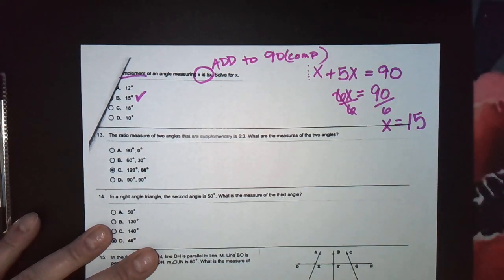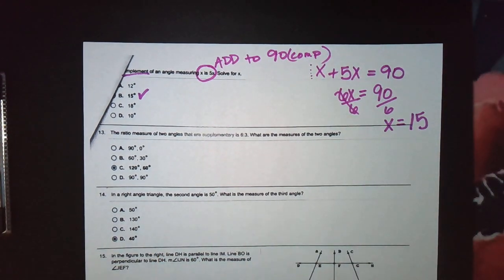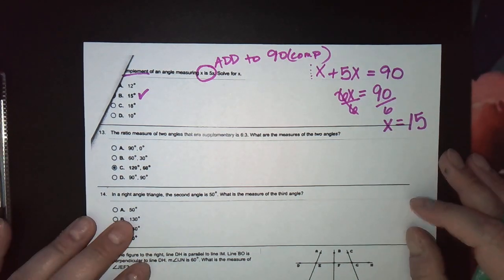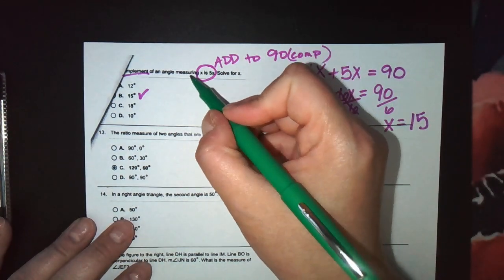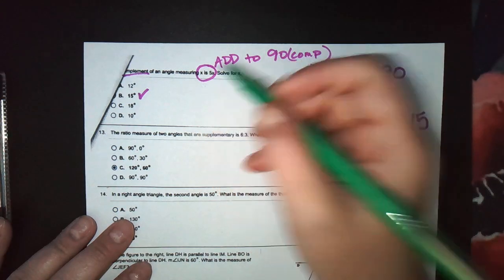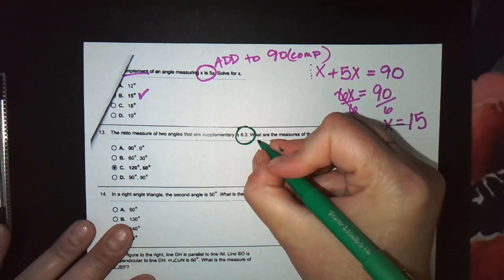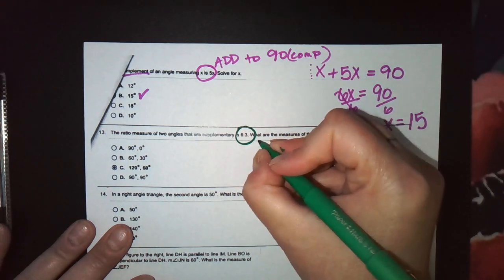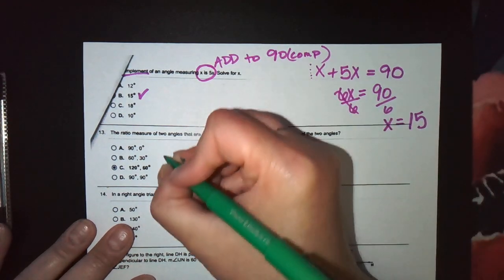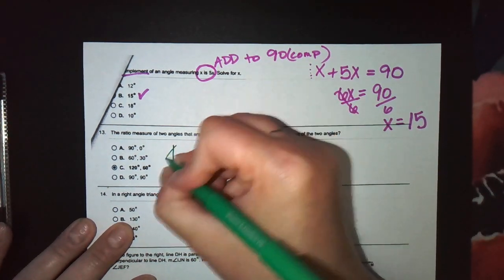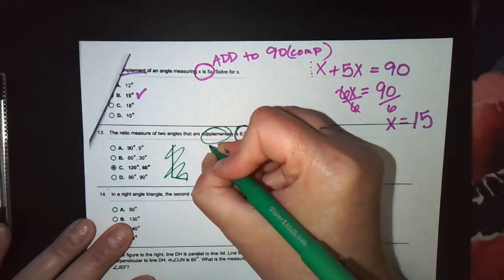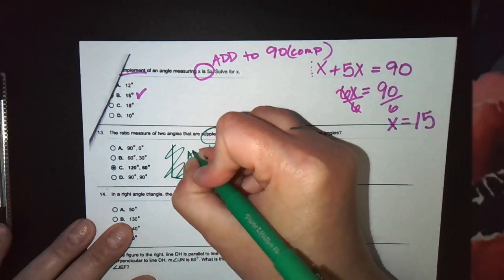It says the ratio of the measures of two angles that are supplementary is 6 and 3. What are the measures of the two angles? Okay, that's kind of like saying this x and 5x. We're going to say this 6 and 3, we're going to change it. Supplementary angles add up to 180.